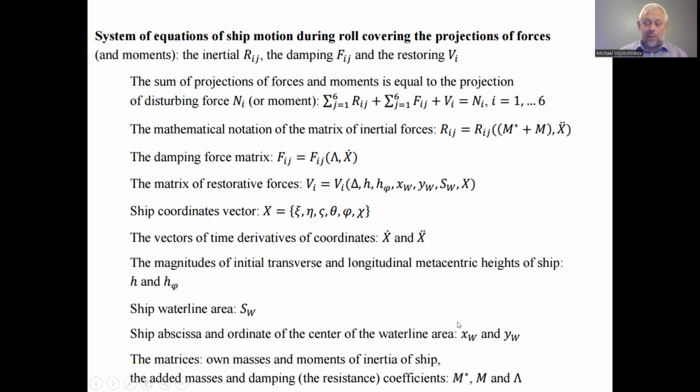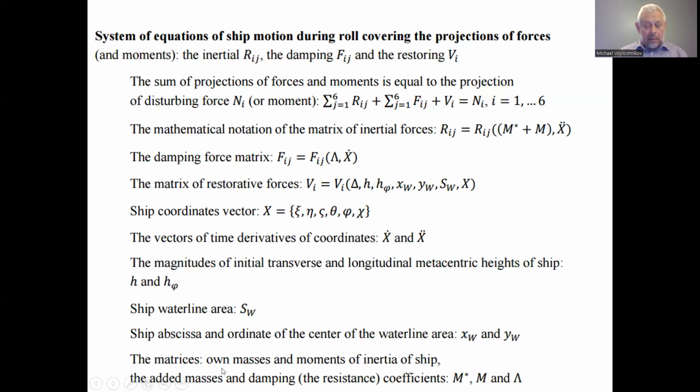Sometimes we assume ship symmetry not only relative to the diametric plane, but sometimes relative to the midship plane. If a ship is symmetric relative to the midship plane, x_w will be equal to 0.